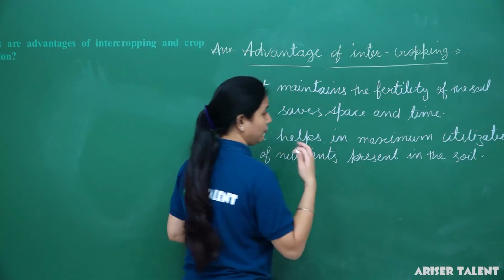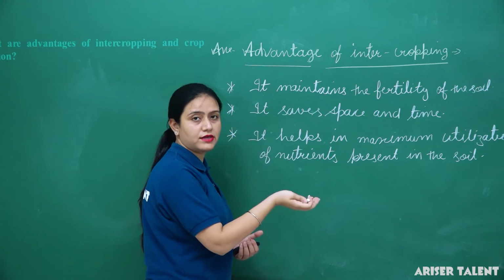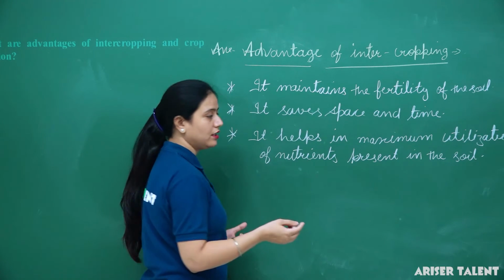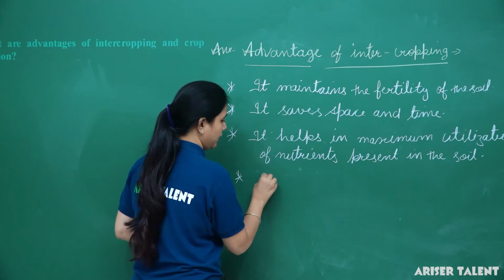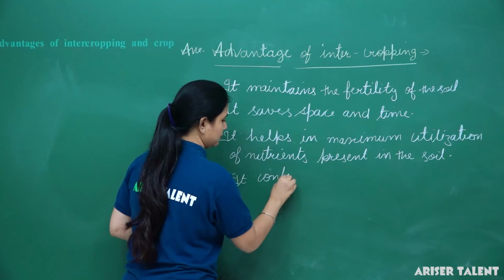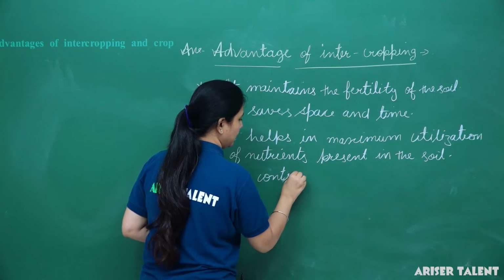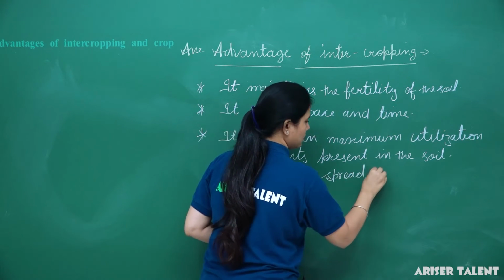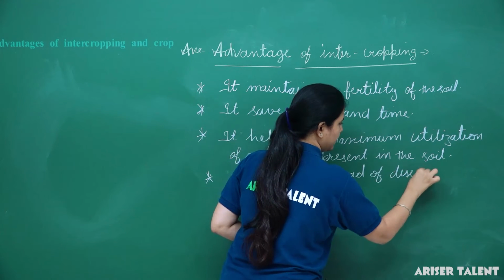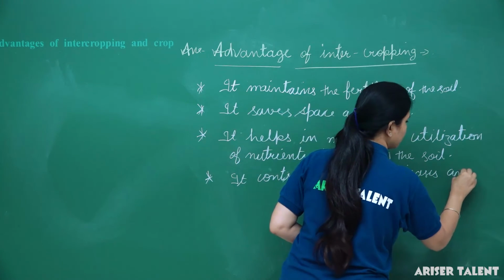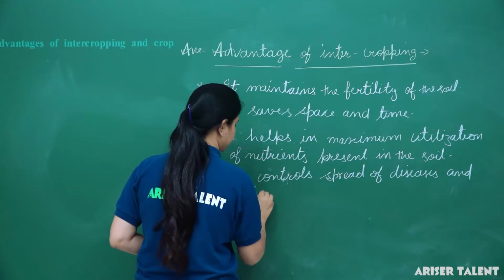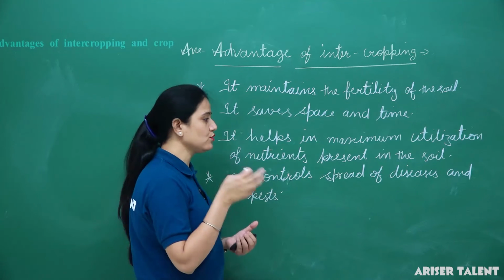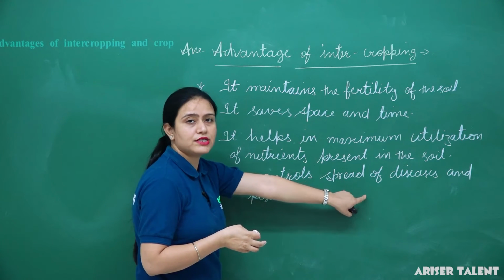Because one or more crops are grown in the same field at the same time, they use the maximum nutrients present in the soil. Besides it, it controls spread of diseases and pests, because different types of crops are grown in the same field at the same time.